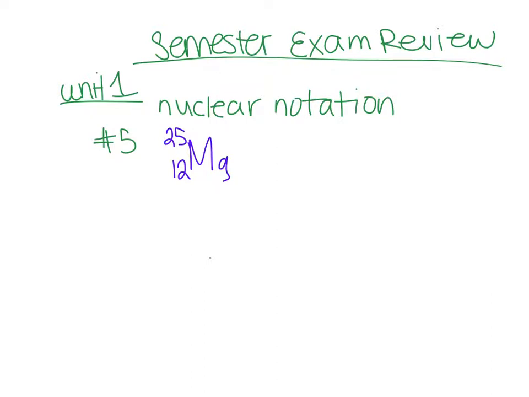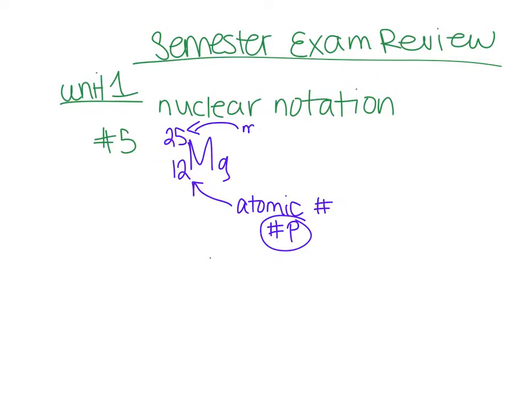Anybody remember what the bottom number represented? That's your atomic number. An atomic number tells you how many what? Protons. So this is number of protons. The top number, anybody remember that? It's not atomic mass, but we call it the mass number because it's more of a counting number.